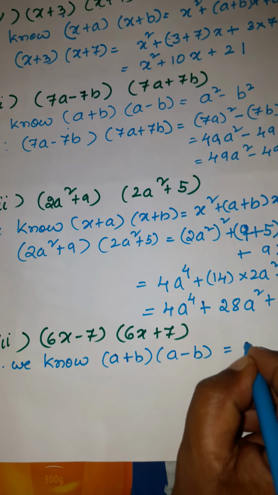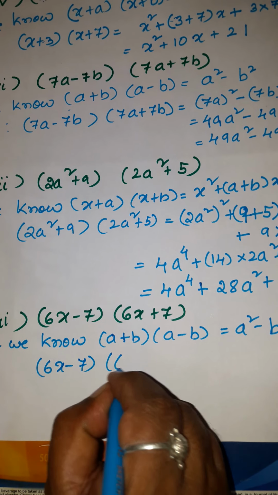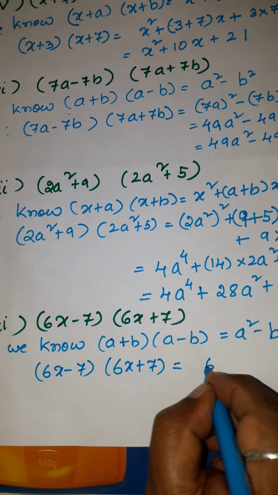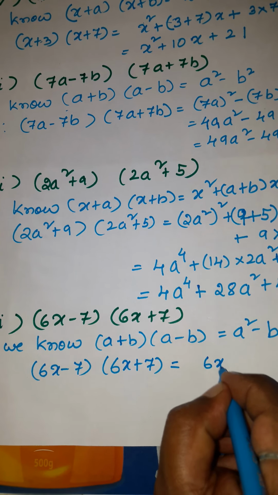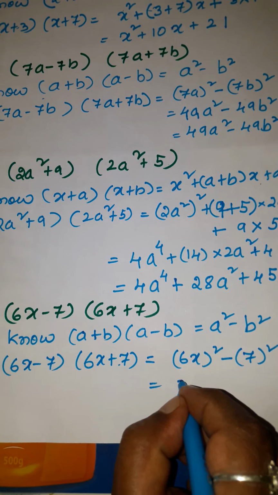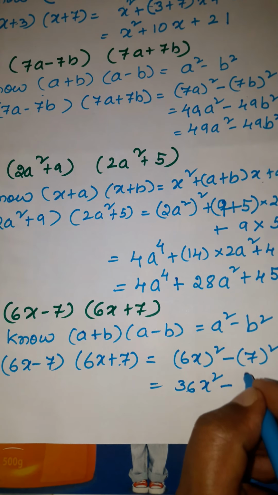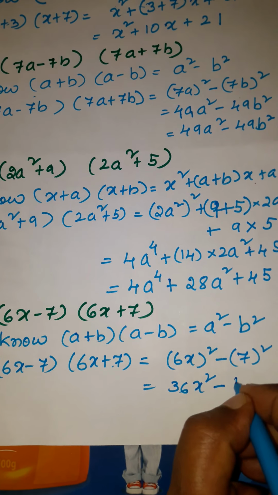Therefore 6x minus 7 into 6x plus 7 is equal to, the first term is 6x whole square, second term is 7, 7 whole square, so that is 6 sixes are 36, x into x, x square, 7 sevens are 49. So I have applied all the four standard identities by taking the binomials.